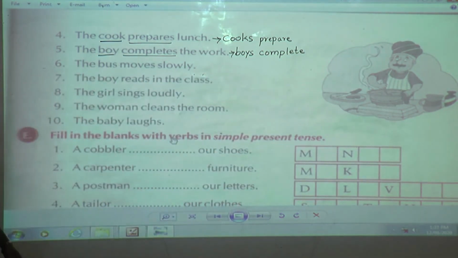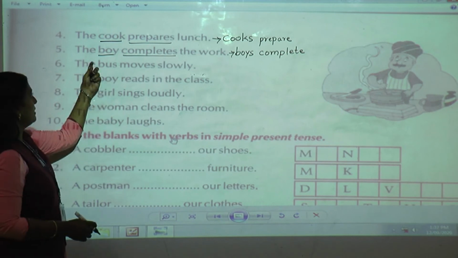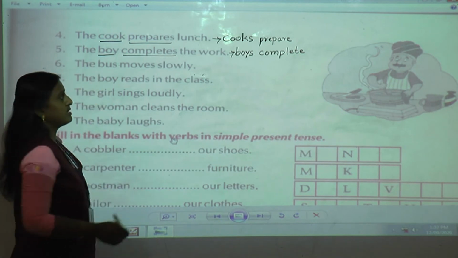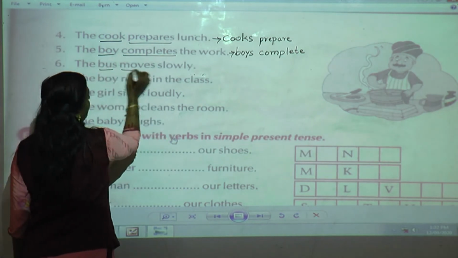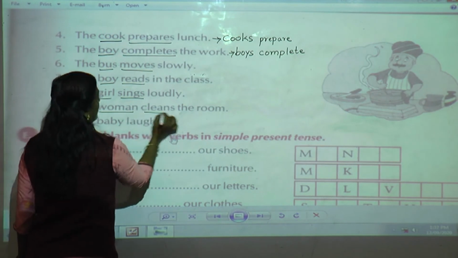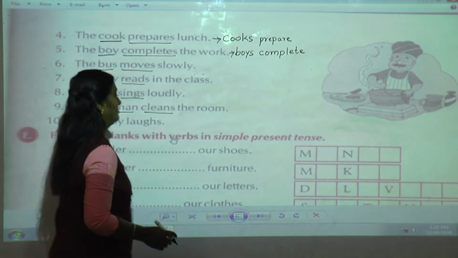So till 5 examples I have done. The remaining 6, 7, 8, 9, 10 you have to do as homework. If you want, I will underline for which you have to make the changes. Write it here only.